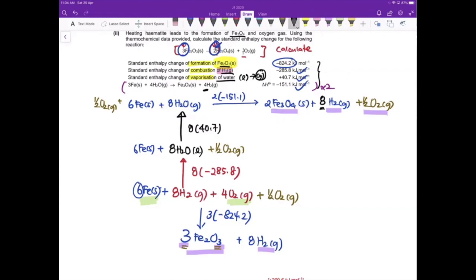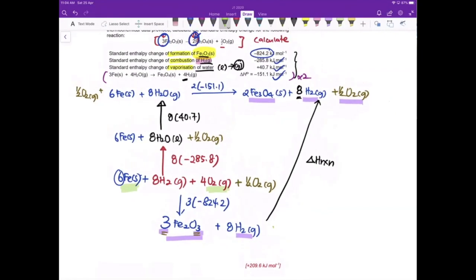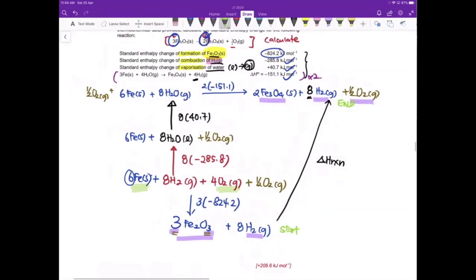So therefore, this is just your delta H of the reaction. So let's do the mathematical calculation. Start and end. So I'm going to start from here, in this direction.